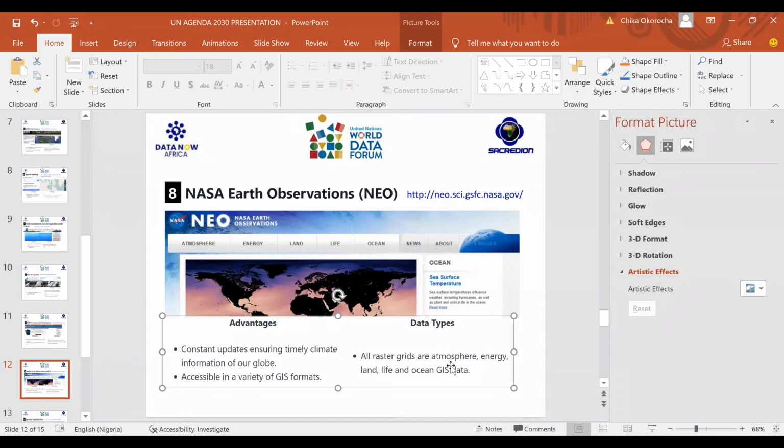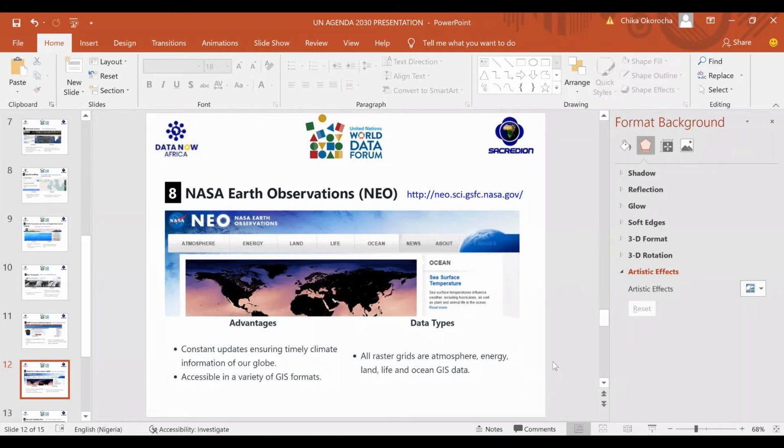If you're interested in atmospheric, ionospheric, or tropospheric study, you can access such data from this platform. Atmospheric information, energy data, land administration, wildlife study, ocean data, and hydrographical analysis: you can access such data from this platform.